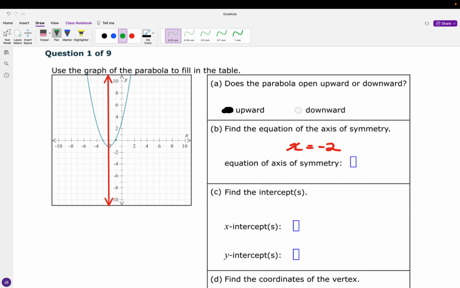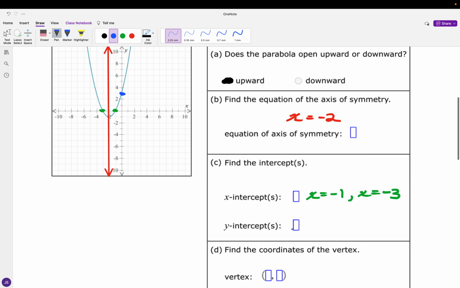For the x-intercepts, it looks like we have x equal to -1 as well as x equal to -3, if we leave it in equation form. For the y-intercept, it looks like that one's going to be y equal to 3.